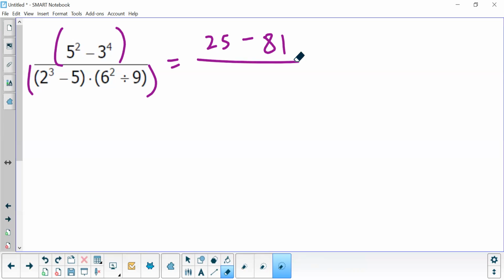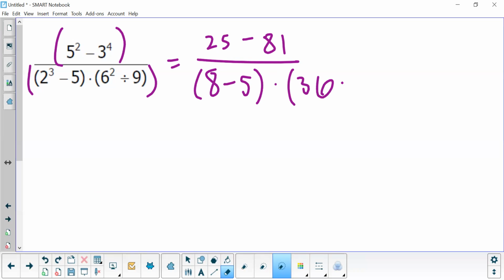On the bottom, I could simplify some of these parentheses if I wanted to, or I could start to at least. We'll do the exponents. So 2 cubed is 8. And then 6 squared is 36. Still, we want to fully simplify each side of the fraction before we divide any numbers from the fraction.